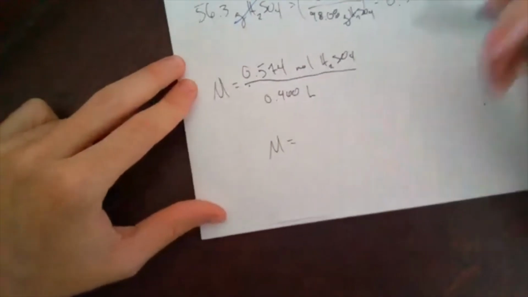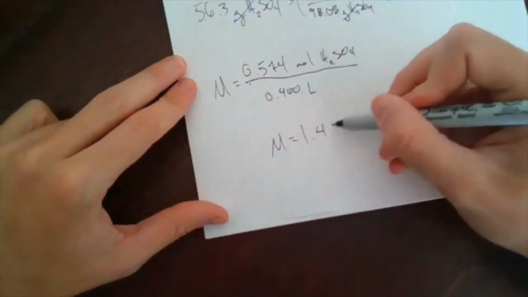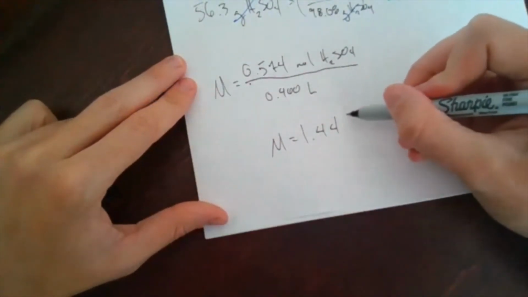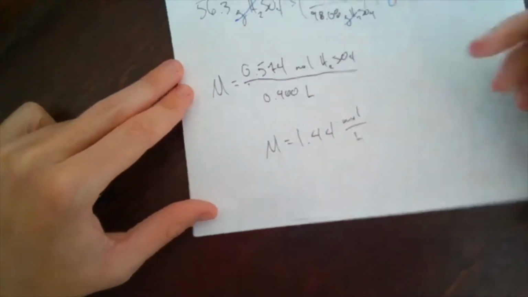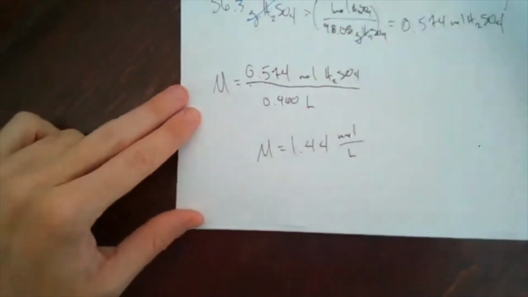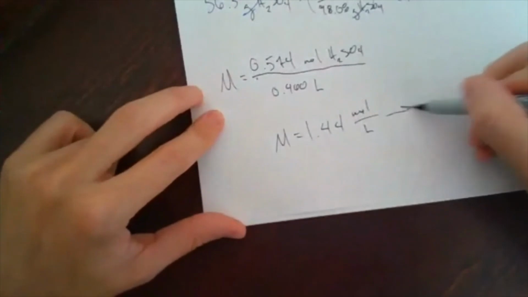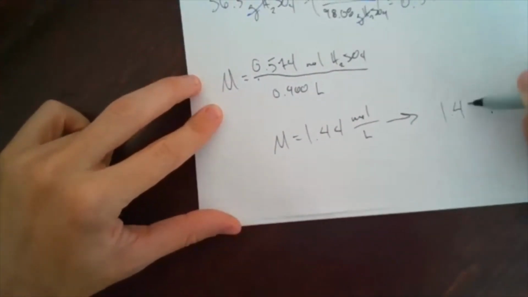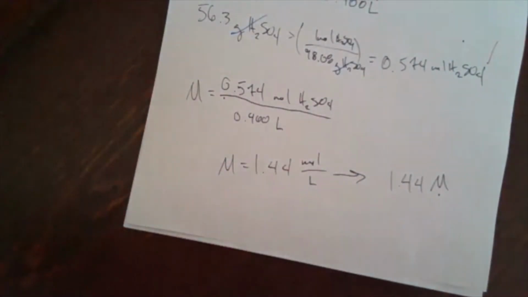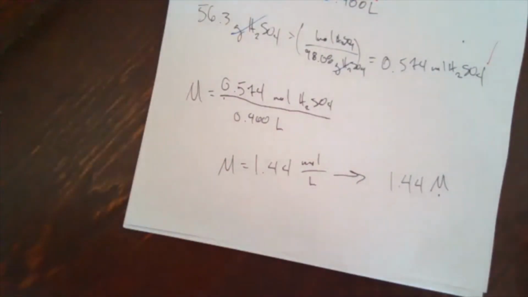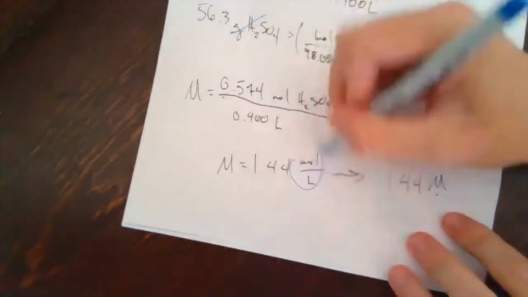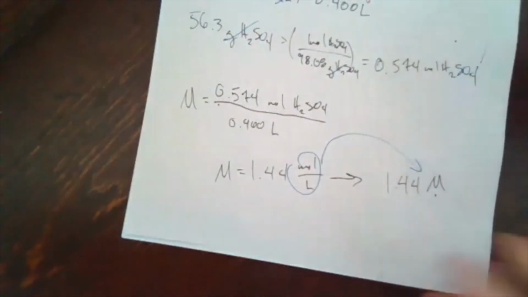And we can get that molarity is 1.44. And if we look, the units we'd end up with are moles per liter. Those aren't going to cancel out, but we just write that as 1.44 capital M. So this entire thing, moles per liter, just becomes capital M.